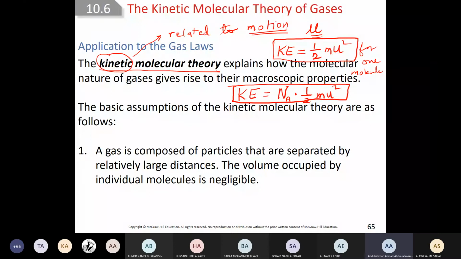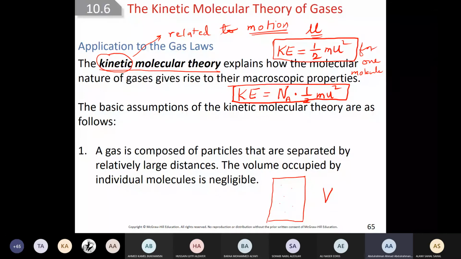The gas... these are the kinetic theory. It says that the gas is in a container, and the volume of the container is actually the volume of the space.